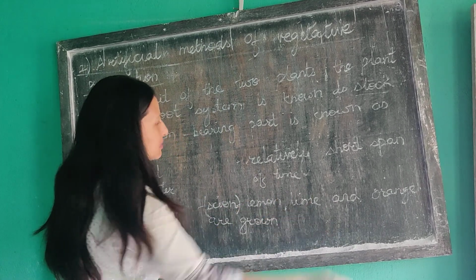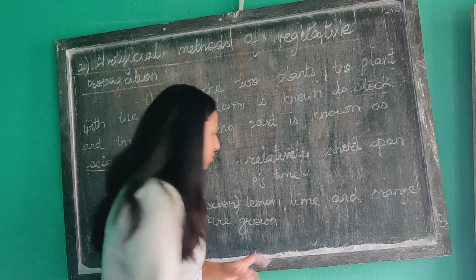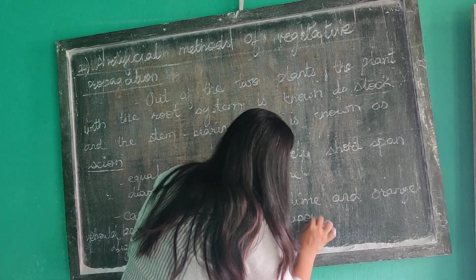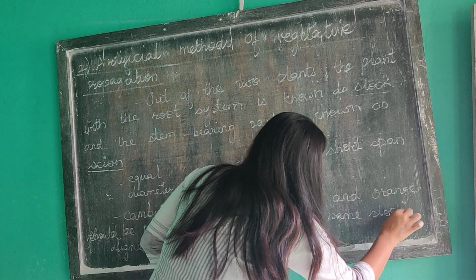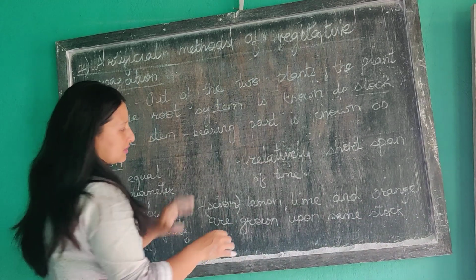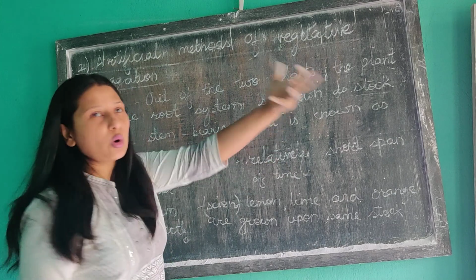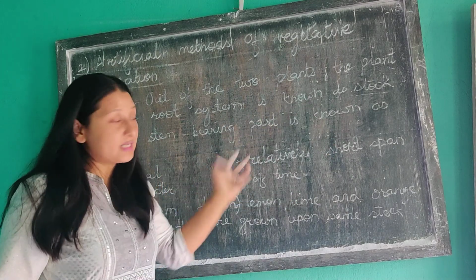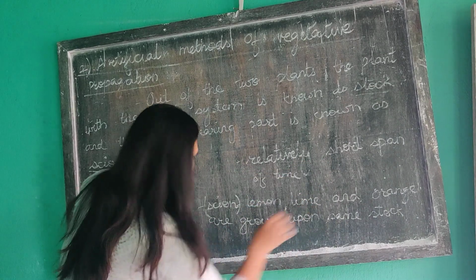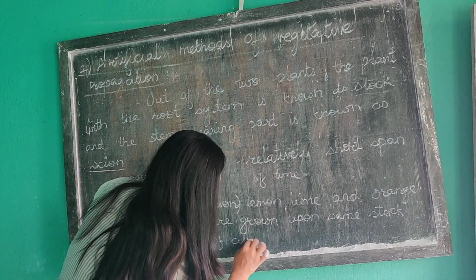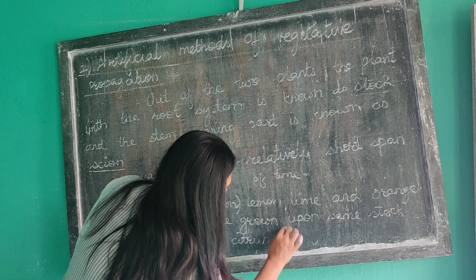Okay, scion of lemon, lime and orange are grown upon same stalk of citrus plants. Root चाहिँ एउटै लिन्छ यिनीहरुमा, स्टेम चाहिँ लेमन को, लाइम को, ऑरेंज को, डिफरेंट लेमन को, यिनीहरुको स्टेम लिएर चाहिँ नयाँ प्लान्ट्स बनिन्छ. And this is known as grafting.